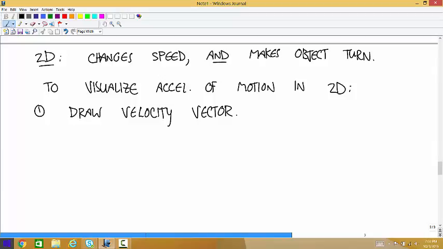The velocity vector is always tangent to the path of motion. Second is to draw the parallel part of the acceleration.